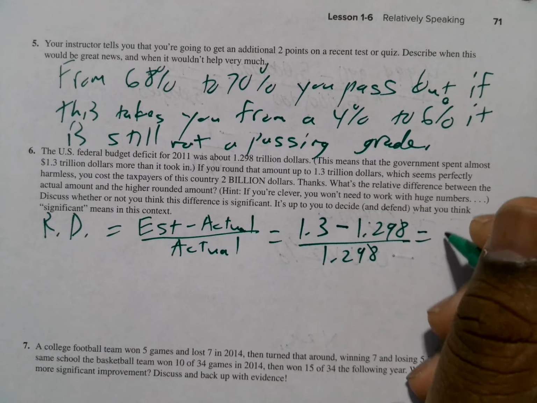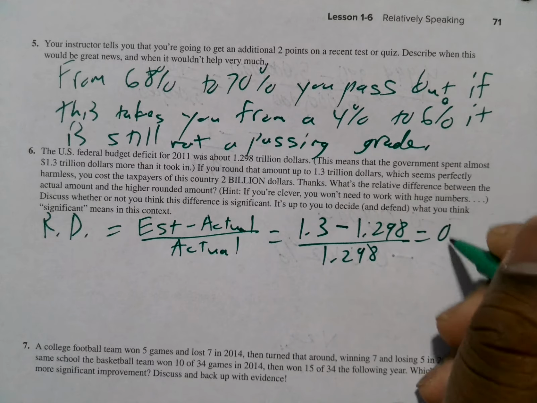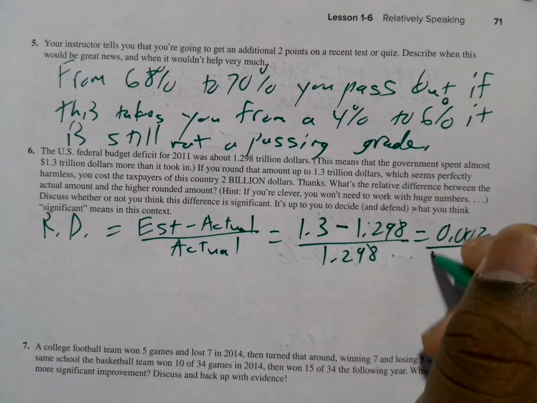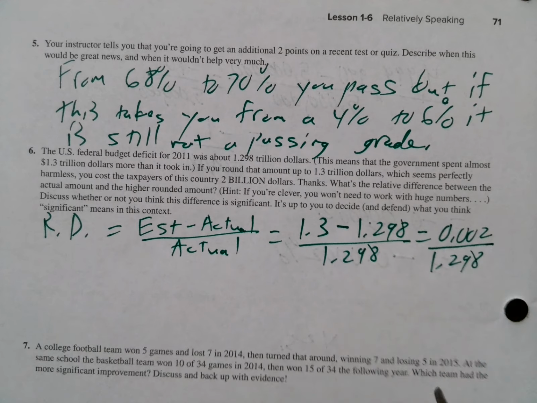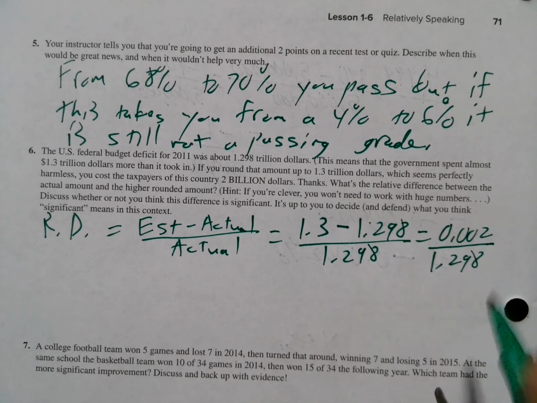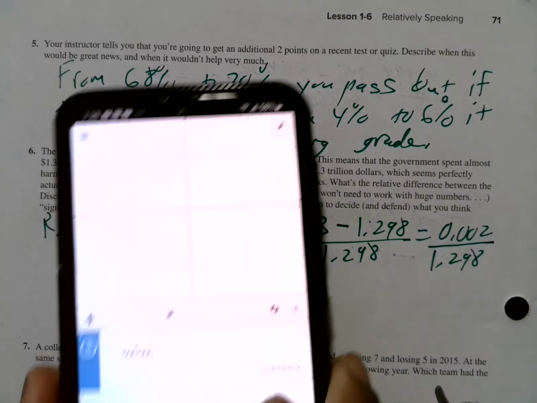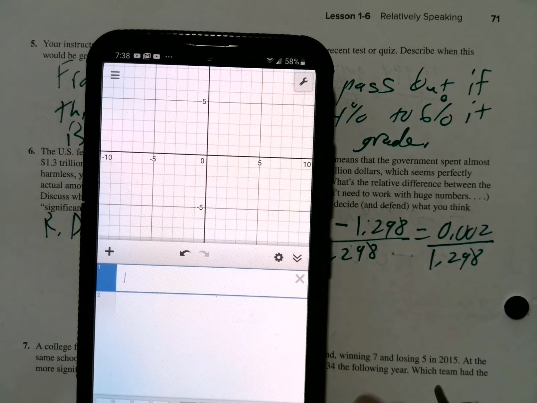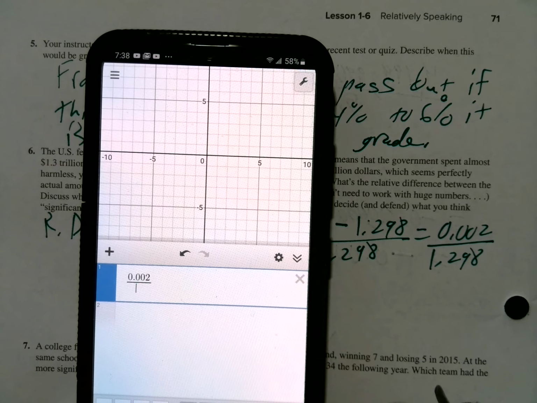So when we subtract this, this would give us 0.002 over 1.298. Now, we put this in our calculator. We have 0.002 divided by 1.298.